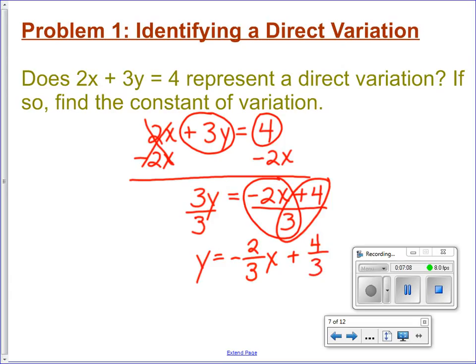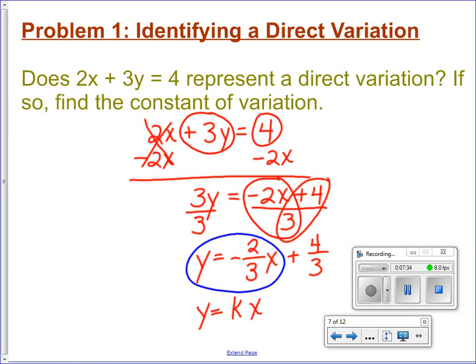There's really no need to change that to a mixed number, but it would not be wrong to do so. So you could say plus 1 1/3. All right, now, is this in the form of y equals kx? Well, this first part of the equation is.